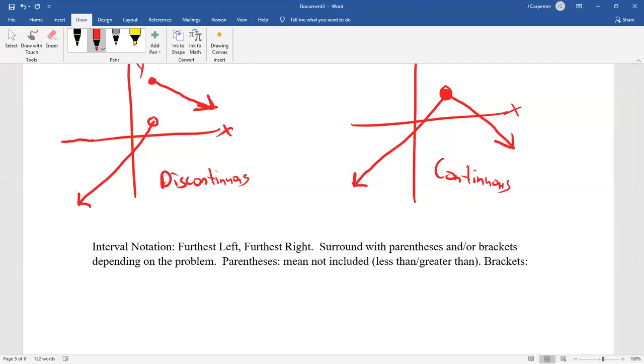Brackets are used when you're included, so it has the or equal to. You always use parentheses for infinities.